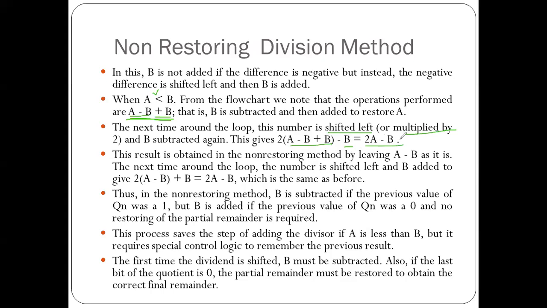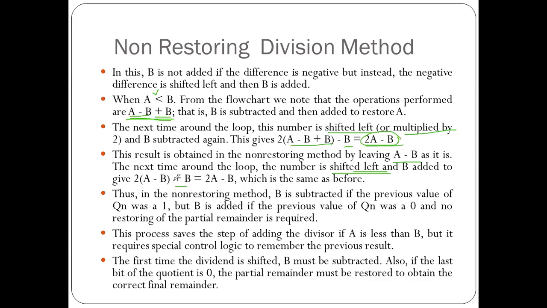Okay. So the same result which was obtained in restoring method can also be obtained in non-restoring method by leaving A minus B as it is. Next time around the loop, after shifting left side, add B to it.